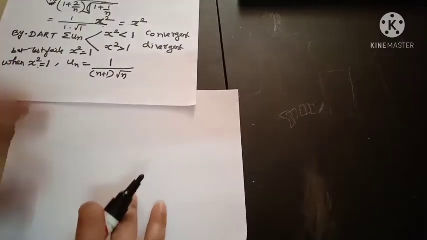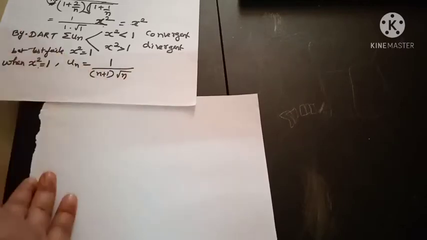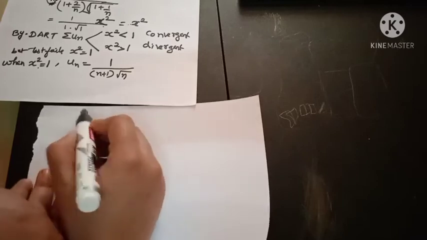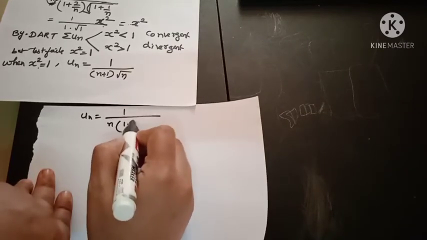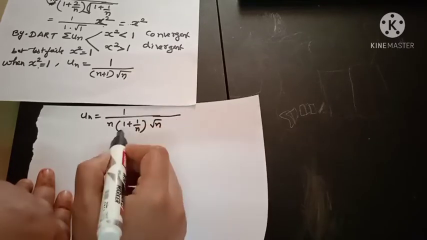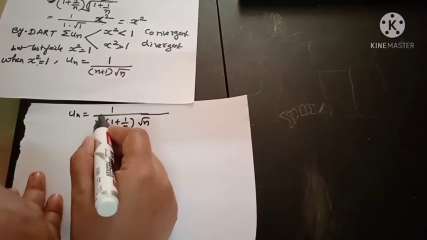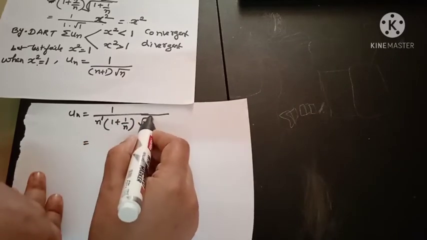So un is equal to 1 upon (n plus 1) into root n. Un is equal to 1 upon, if I take n outside, n into (1 plus 1 by n) root n. Here the power of n is 1 and root n is n to the power of half.